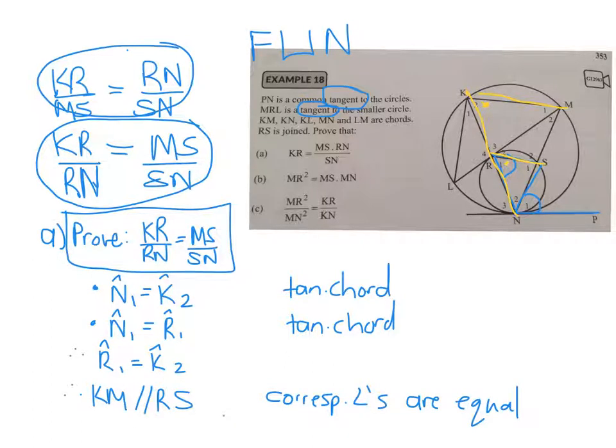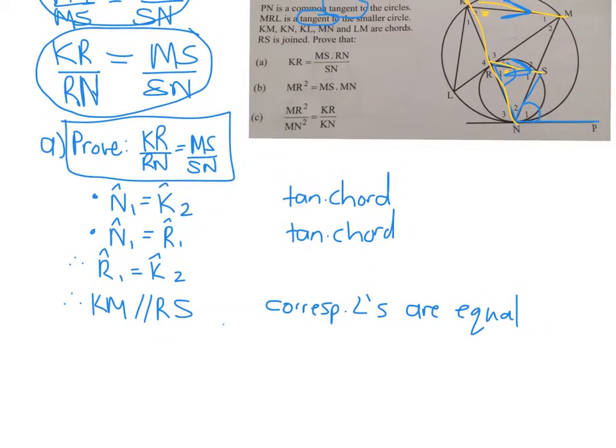And now that I've proven that these two sides are parallel, now I can go and say, therefore, KR over RN is equal to MS over SN, and why?